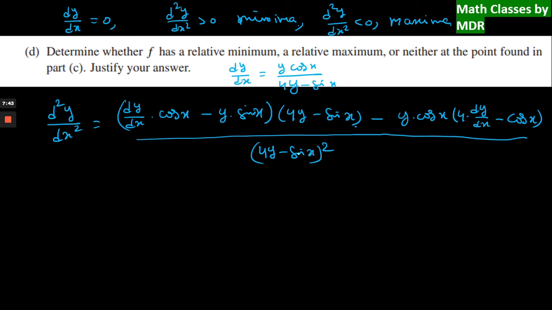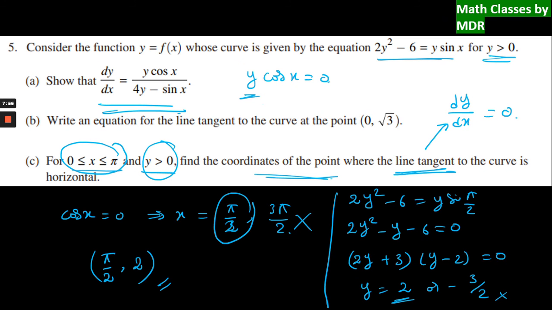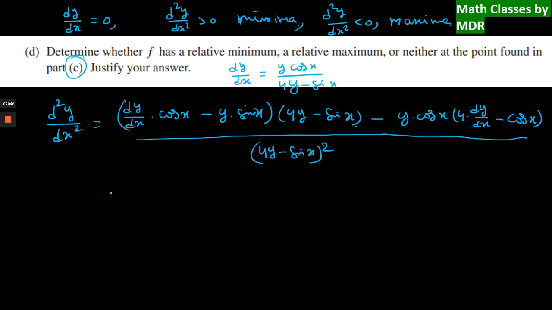Anyway, this denominator is always positive, so we only need to check whether the numerator is positive or negative. For that, let us substitute the values of x and y that we found in part C, pi by 2 comma 2. So we have d square y over dx square at x equal to pi by 2 and y equal to 2, where dy by dx is 0.